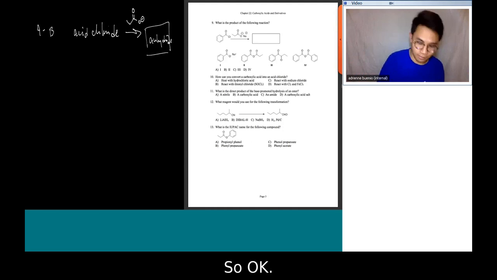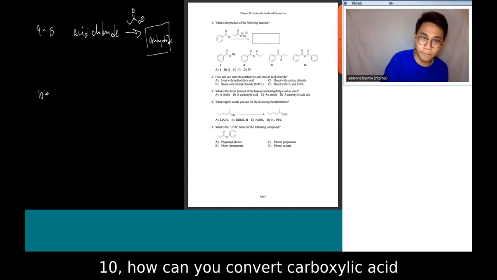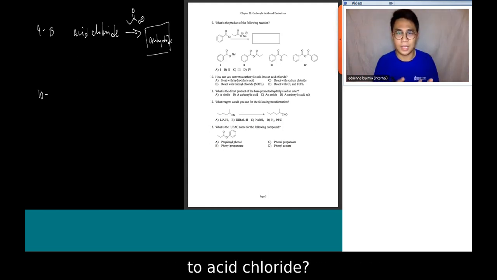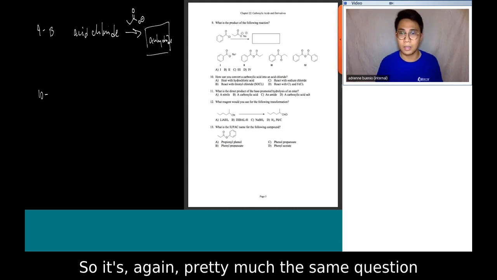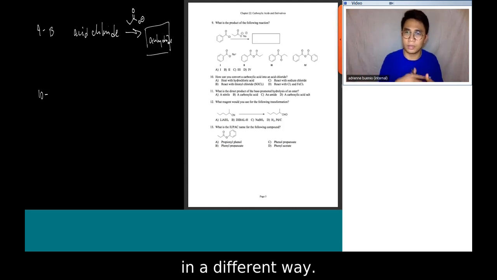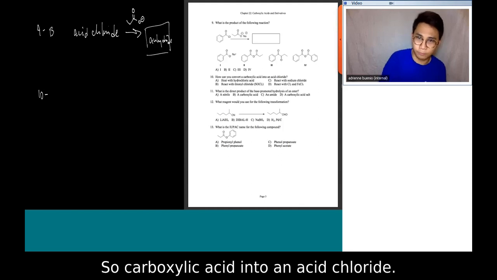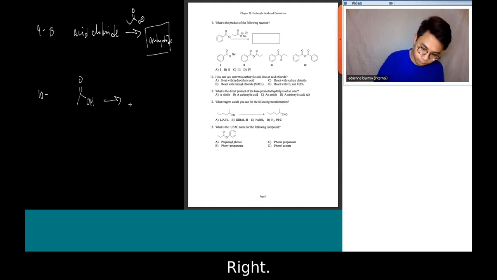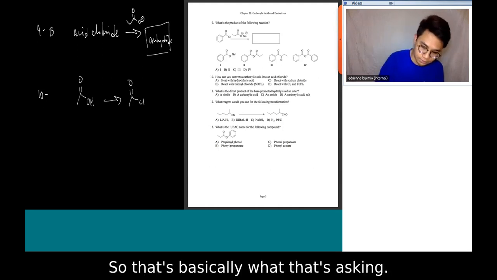Okay, 10, how can you convert carboxylic acid to acid chloride? It's pretty much the same question, asked in a different way. So carboxylic acid into an acid chloride, this is basically what it's asking.